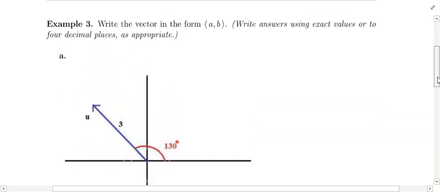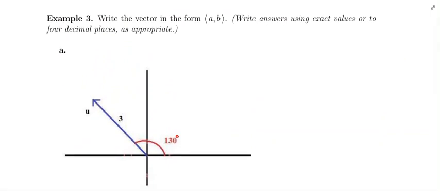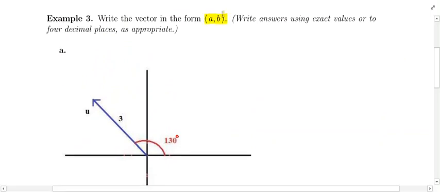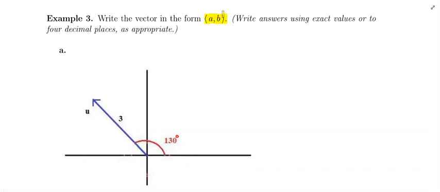So what we have to do is write the vector in component form. A is the horizontal component, B is the vertical component. Based on the given information, we have to figure out these components and then write our vector in that format.